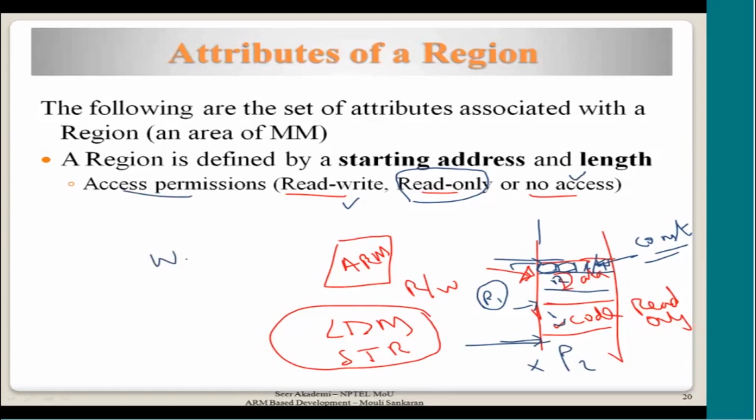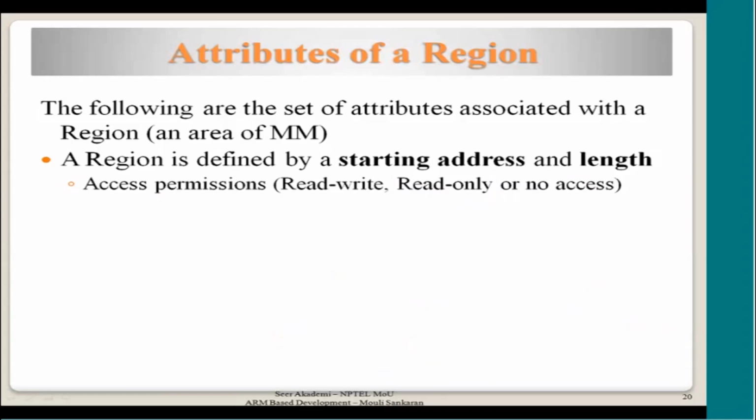There is no write-only permission. Please remember, it cannot be. If you want to write, you have to read that location first. There won't be any need for write-only access to a particular part of the memory, so normally it is not supported, and we don't see that.